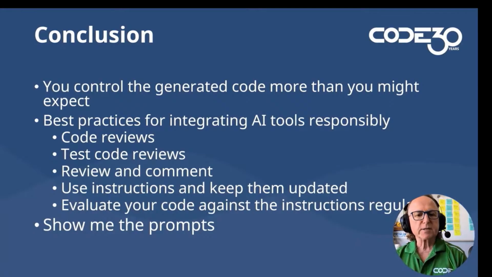You take advantage of this review and comment capability, where it'll look at your code and suggest modifications. Use these instruction files and keep them updated, and then evaluate your code against those instruction files regularly so that you know the state of the code versus the state of the art. If you find discrepancies, you can use AI to create work items for you so that you can address those deficiencies in due course.